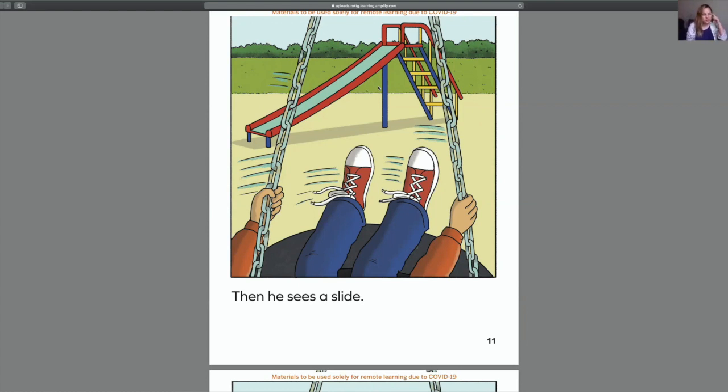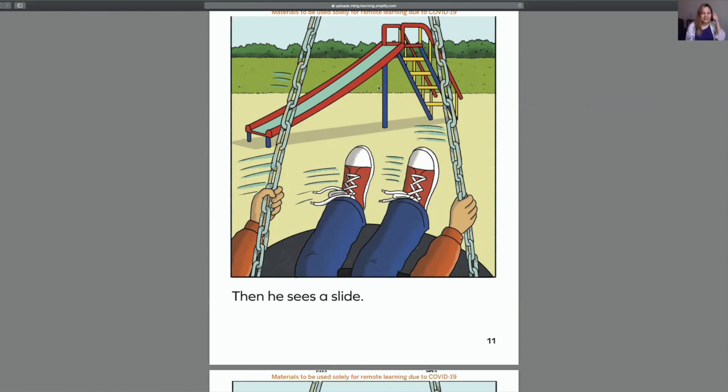So I want to predict something. One, I predict that he'll probably see other things in the park. Maybe something where he can climb, like a climbing wall, or maybe he'll see other things on the grass, for example, flowers or other things in nature.